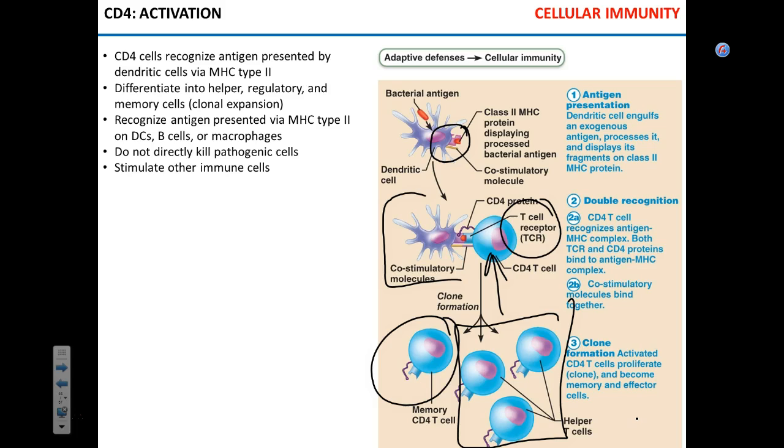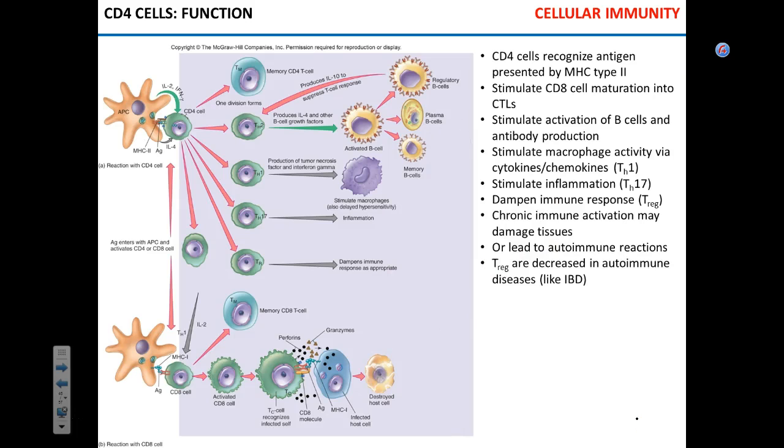Okay, the clone expands. And function of CD4 cells, which we're going to get into more details, is not to kill pathogenic cells. It is to help other cells, like B cells or macrophages, to develop their abilities. Okay? So let's take a look how they do it. We've got CD4 cell right here.